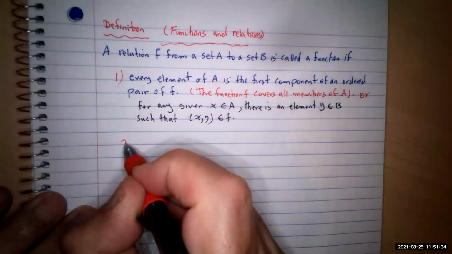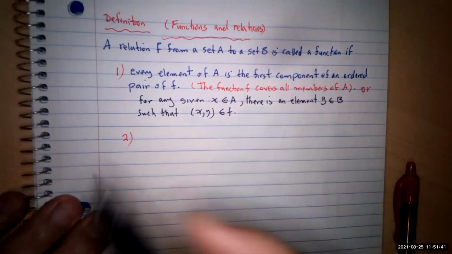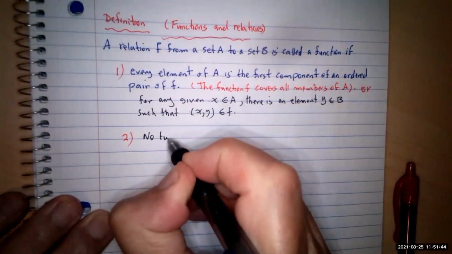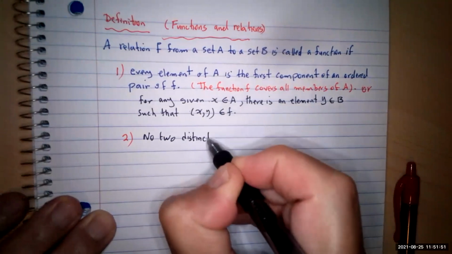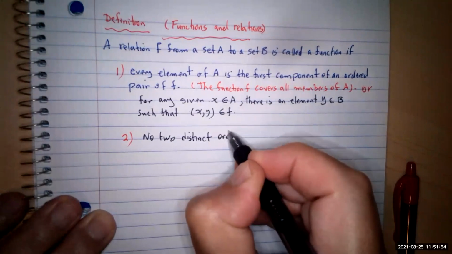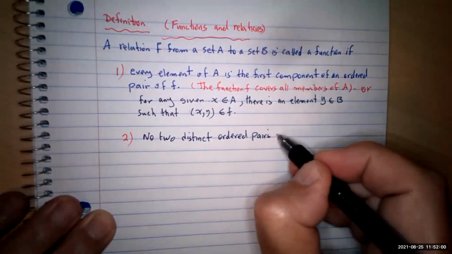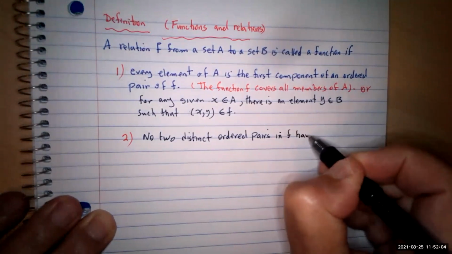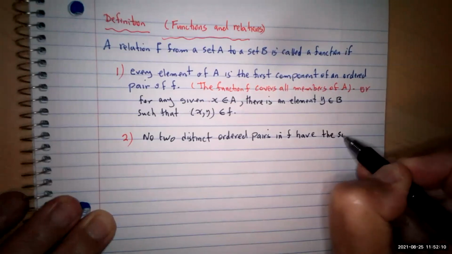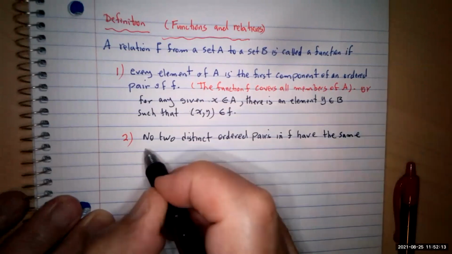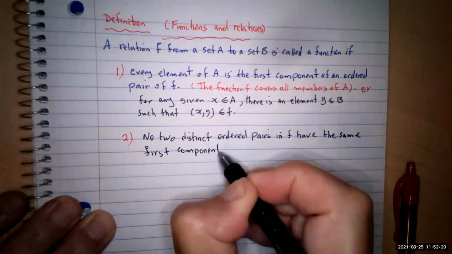So the second condition, a different way to write this one, is: no two distinct ordered pairs in F, in the function, have the same first component. The first, not the second one.